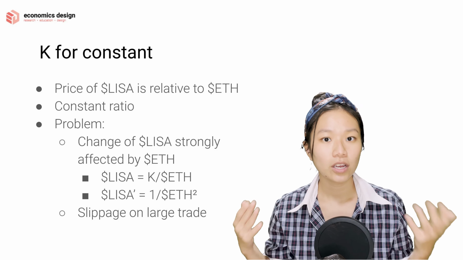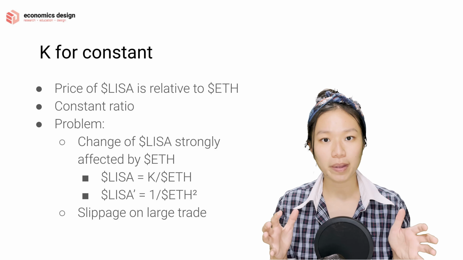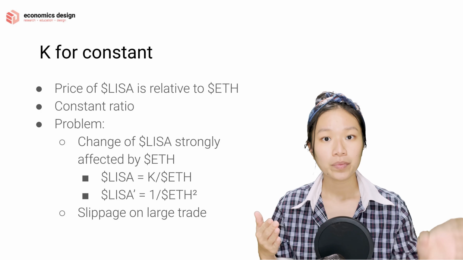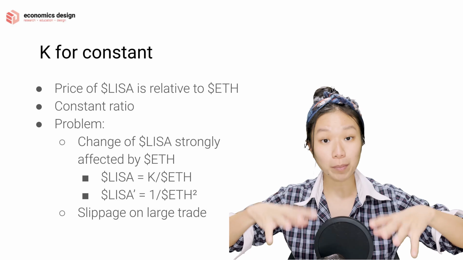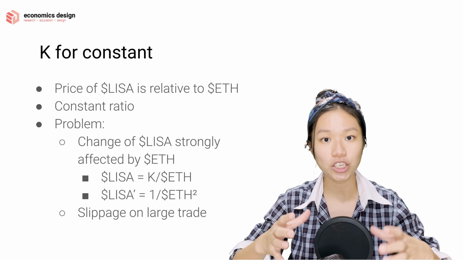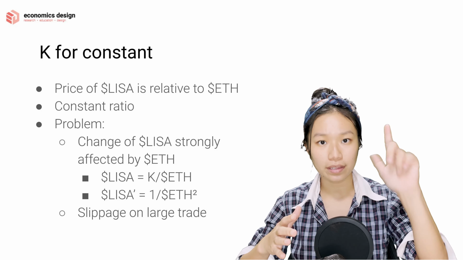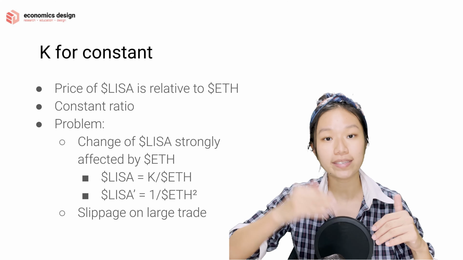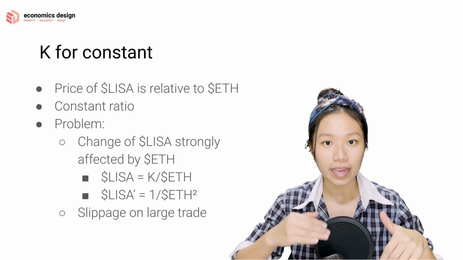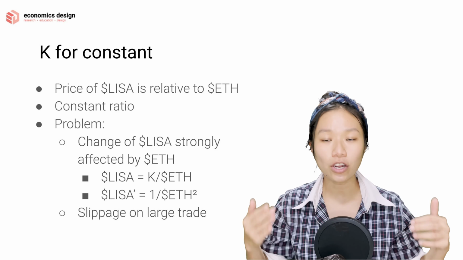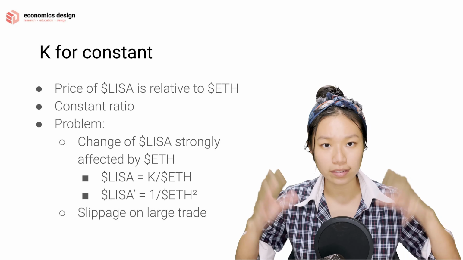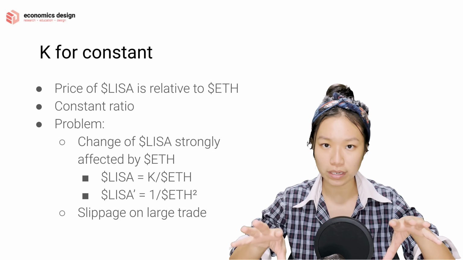What about price? So in the price perspective, they're always priced relative to each other. So if my decentralized exchange has the Lisa token and the ETH token, then the price of Lisa is priced in ETH, and the price of ETH is priced in Lisa tokens. You're not going to get something like the design token to value ETH and value the Lisa token.